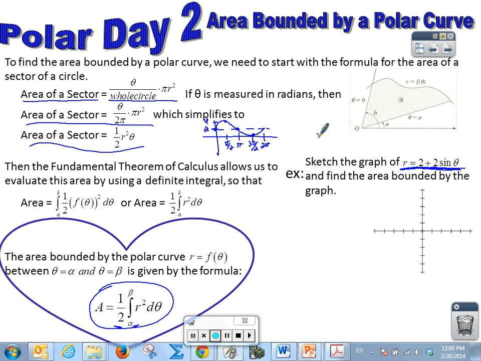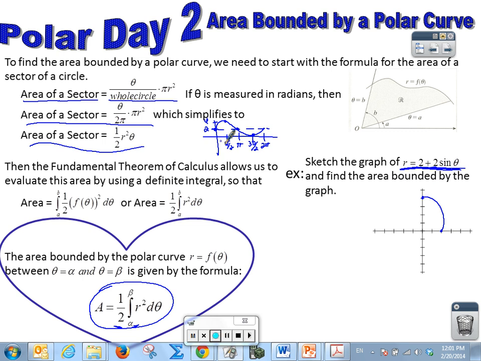So translating that to a polar graph, we start out at angle measure 0, we'd be at 2. Then at pi over 2, we go to 4. So we connect those with a curve. Notice how my r value is positive, so I am in the proper quadrant.